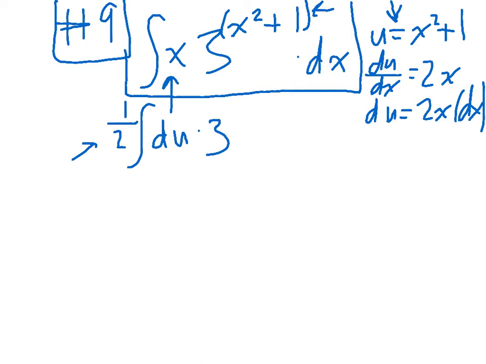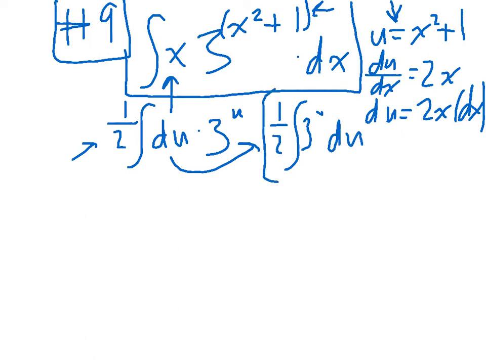So it's 3 to the u. And we usually write that with the du over here. So it would be 1/2 times the integration of 3 to the u du.